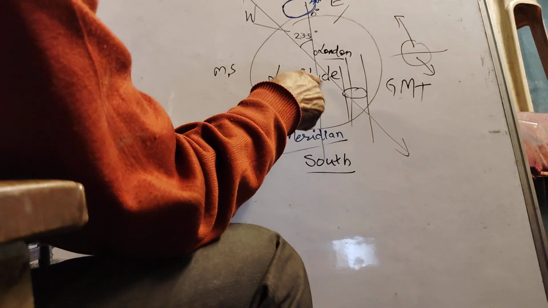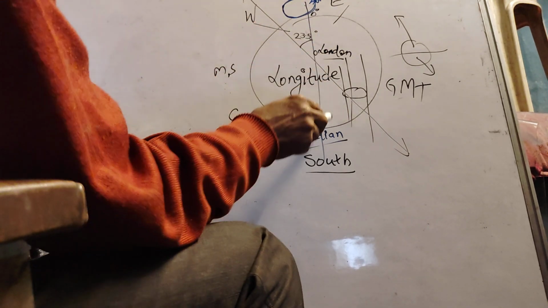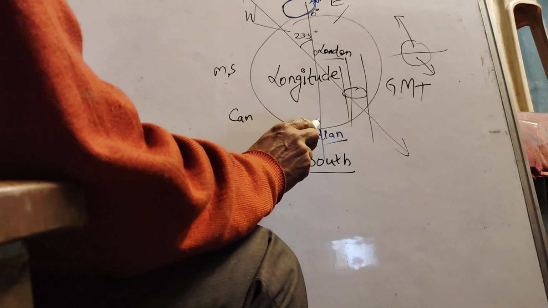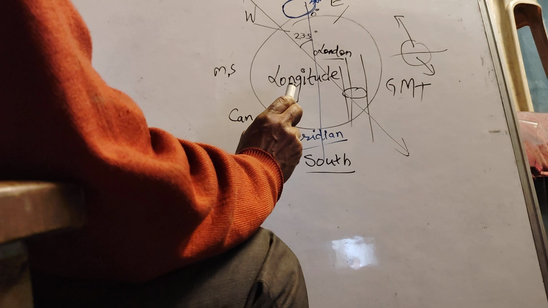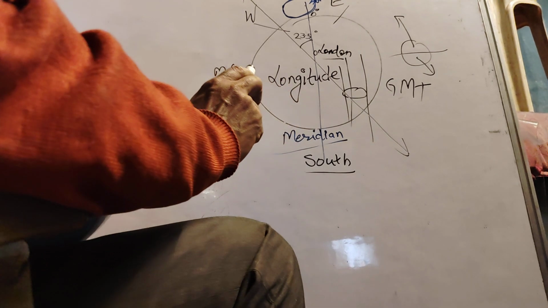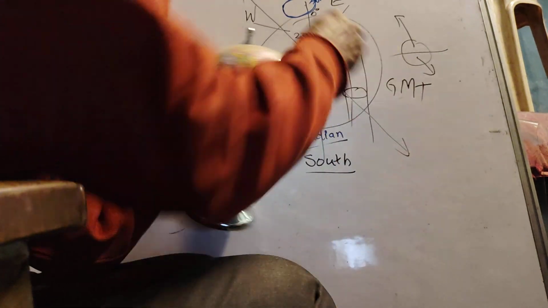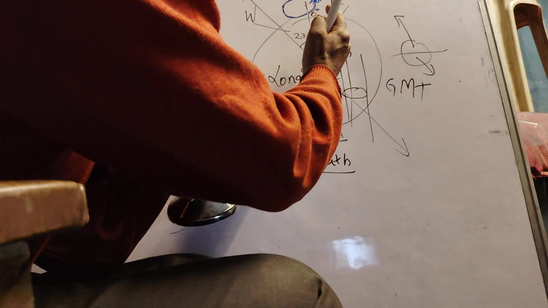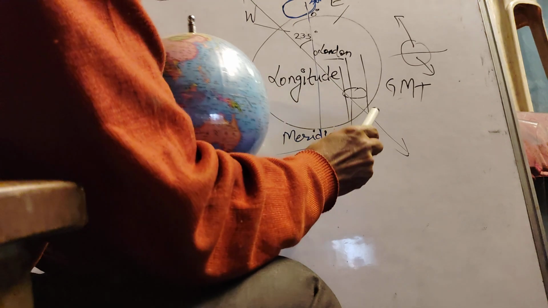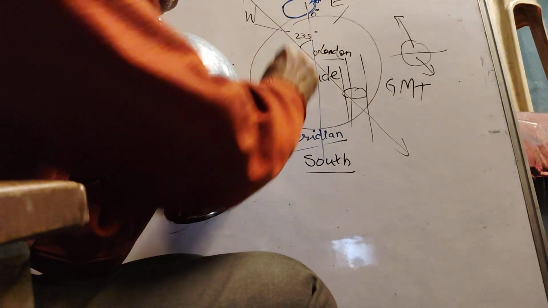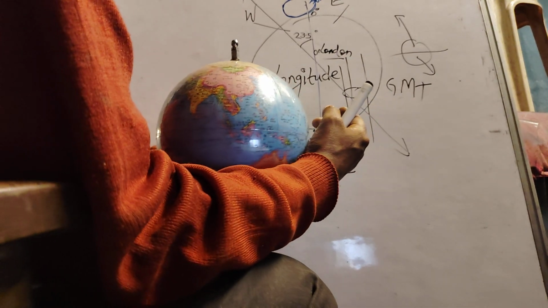So the timeline, the other lines, are called longitude lines. They join from north to south. 0 degree starts from London, then on the eastern side we say 10 degree, 20 degree, 30 degree, 40 degree, and on the western side also 10, 20, 30, up to 180 degrees, where the eastern and western sides divide.